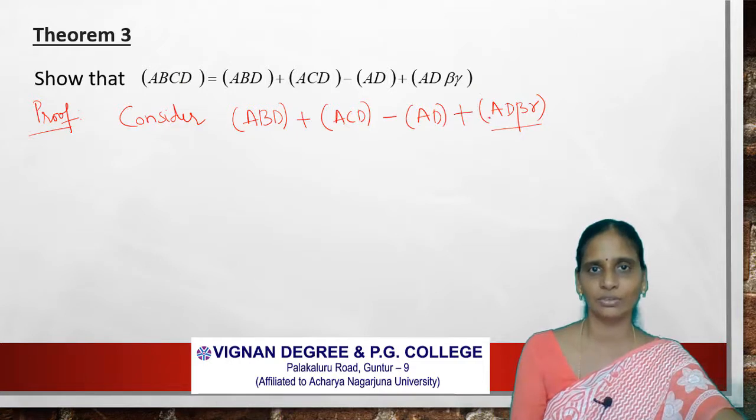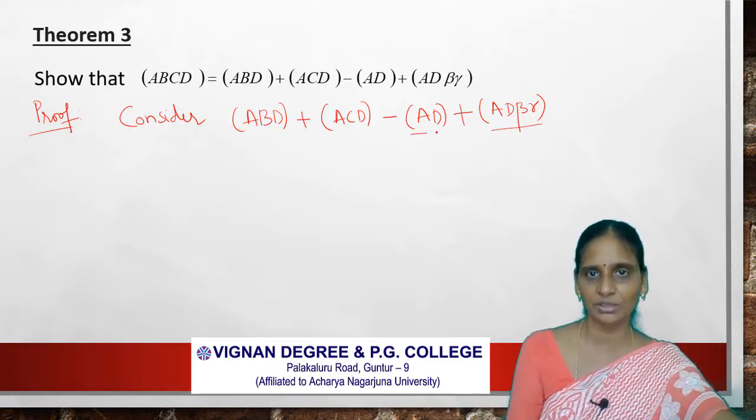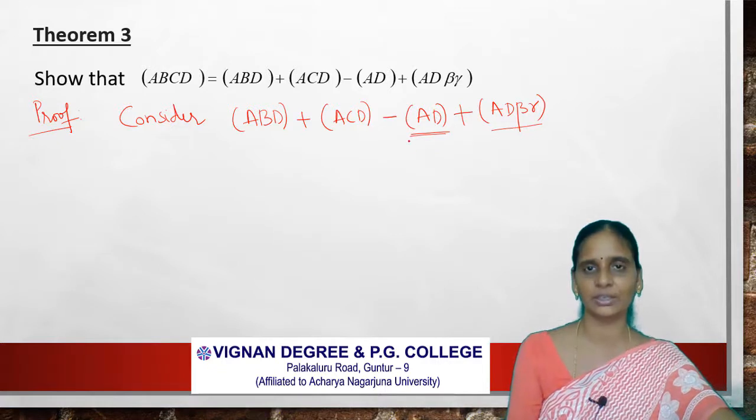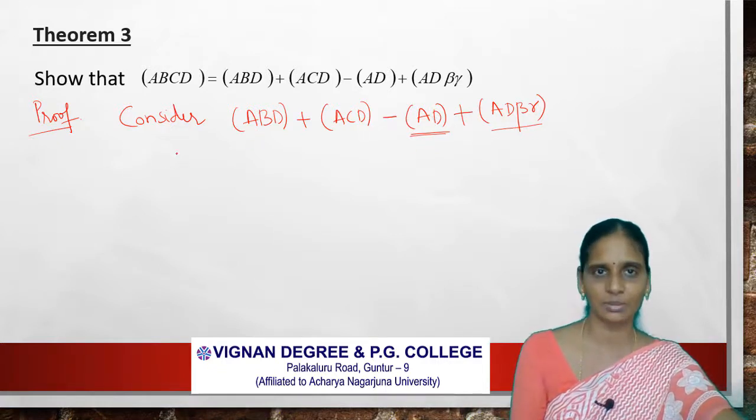Frequency of ABCD. First we have to convert the second order class frequency, that is frequency of AD, expressed into the class frequency of third order terms, and the remaining class frequencies I am writing the same as they are.